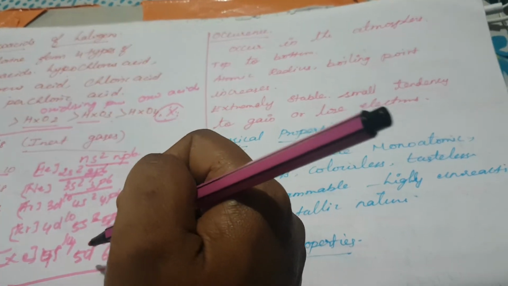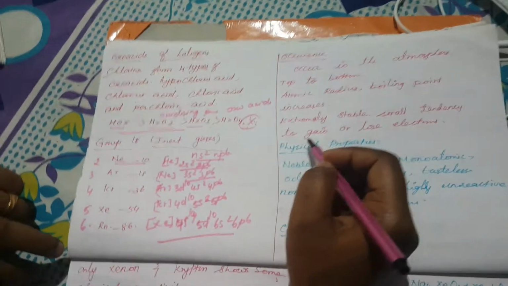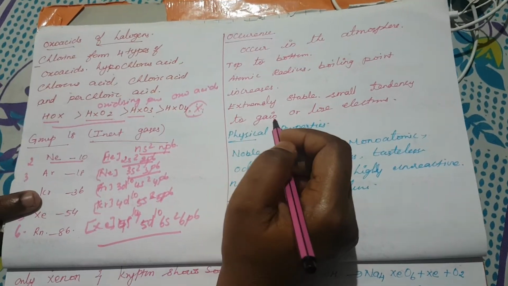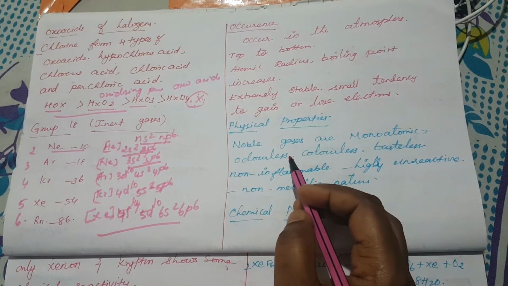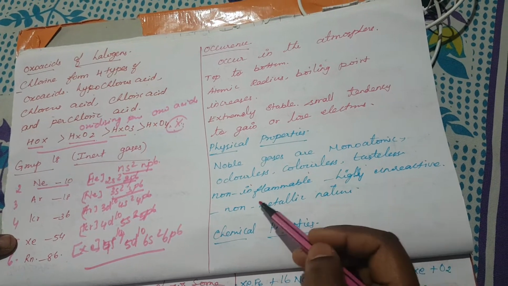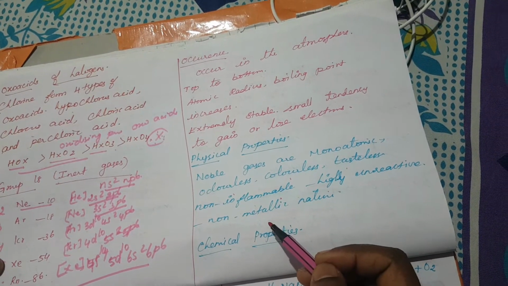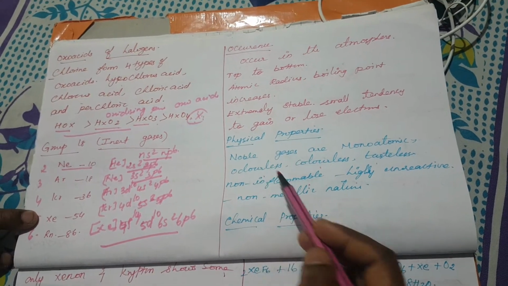Sometimes they gain or lose some electrons, but the remaining time it is inert. It has low reactivity. Noble gases are monoatomic, odorless, colorless, tasteless, non-inflammable, highly unreactive, and non-metallic in nature.